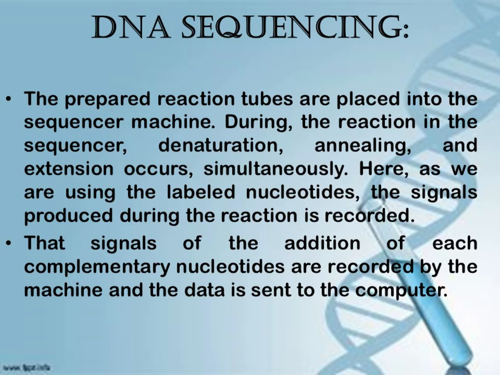Basically, there are two generations of sequencing technology. The first generation sequencing technologies, which emerged in the 1970s, included the Maxam-Gilbert method, discovered by and named for American molecular biologist Allan M. Maxam and Walter Gilbert, and the Sanger method or dideoxy method discovered by English biochemist Frederick Sanger.